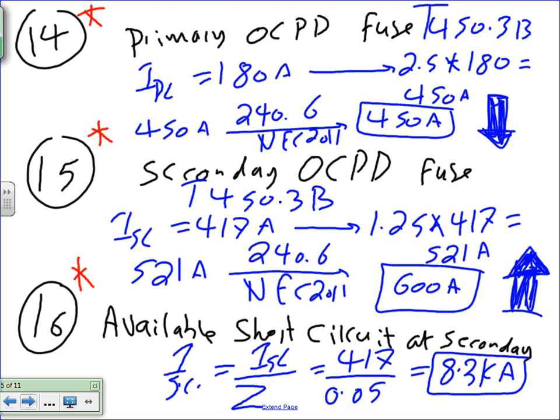So knowing that the short circuit is 8.3, these circuit breakers most likely will be rated for 10 kiloamp. You can make them 25 if you want to, but the higher the short circuit rating, what happens to the price of the circuit breakers? Higher. So for optimum design, your circuit breaker tied to the secondary of this transformer will most likely be sized 10 kiloamp. See why this number is important?